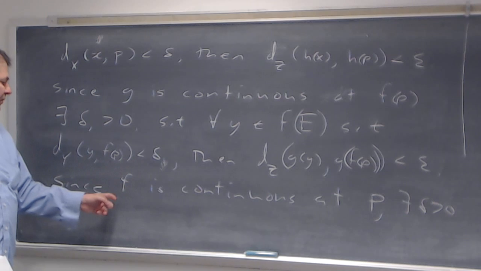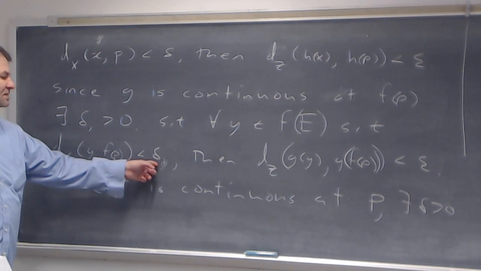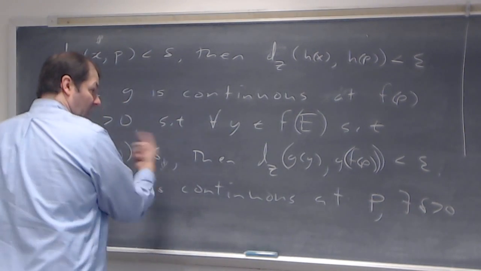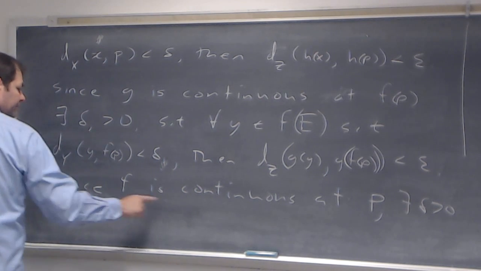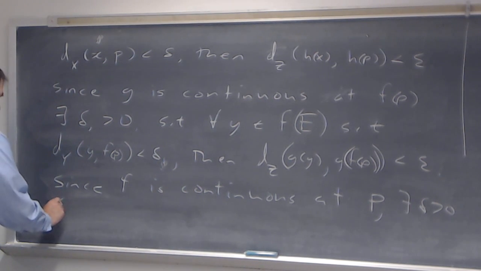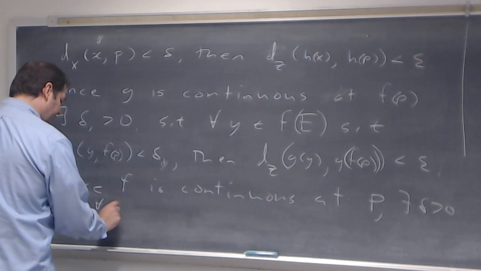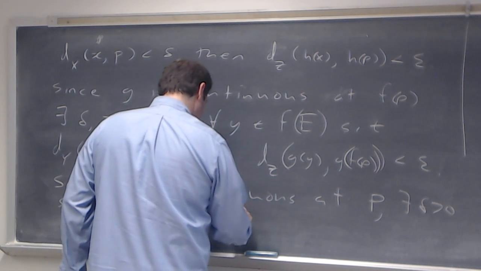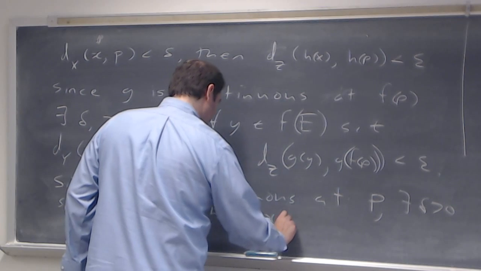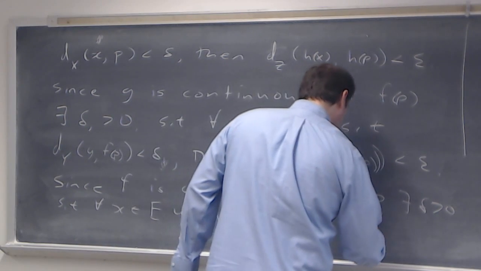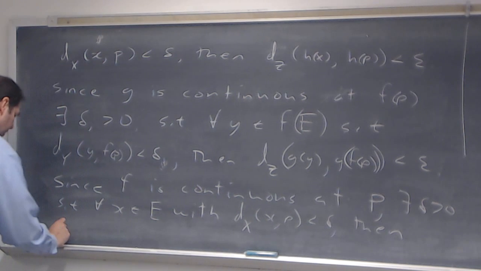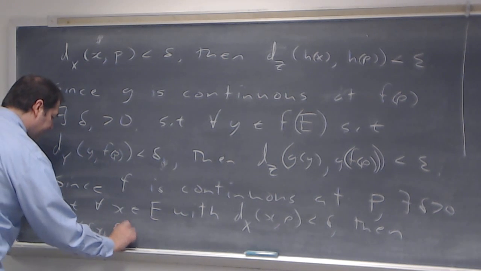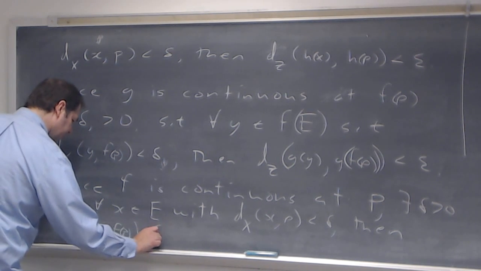And what I'm thinking of is for the continuity of F with this definition, this delta sub 1 is acting like an epsilon. And so there's a delta for this epsilon, if you will, that I'm calling delta sub 1, since F is continuous at P, such that for all x element of E with the distance in X between x and P being less than delta, then that's going to force, by the continuity, the distance in Y between F of x and F of P to be less than delta sub 1.